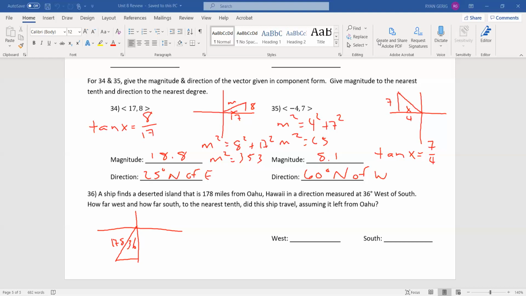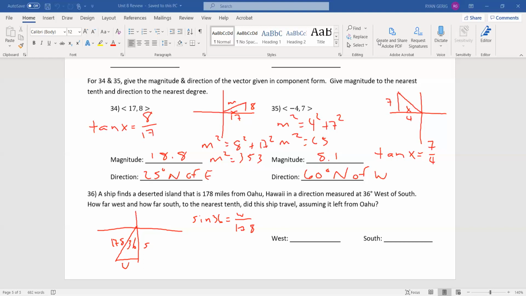Basically, you're finding the components. How far west and how far south. So west is here, south is here. You're just going to be doing trig real quick. So we'll do west first. So sine of 36 equals W over 178. Multiply both sides by 178.